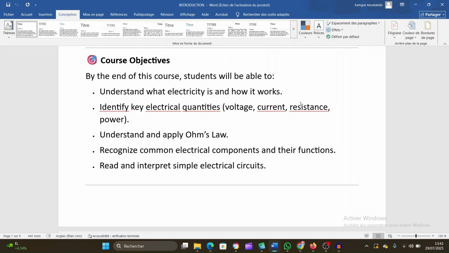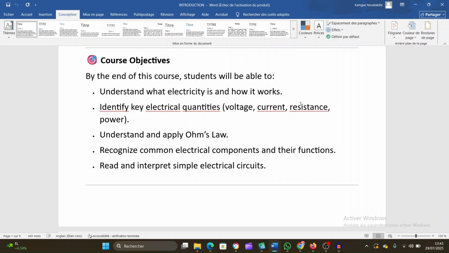Well, electricity is simply defined as the flow of electric charge, typically through a conductor such as a wire.